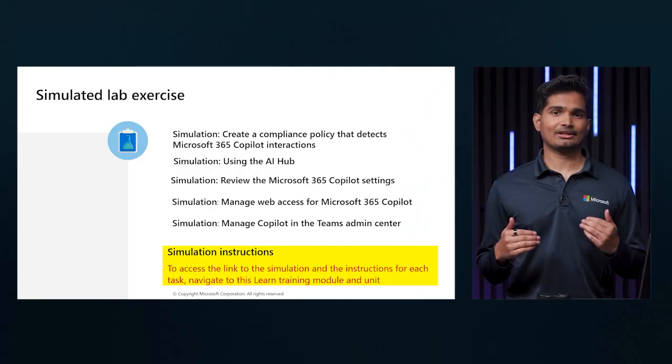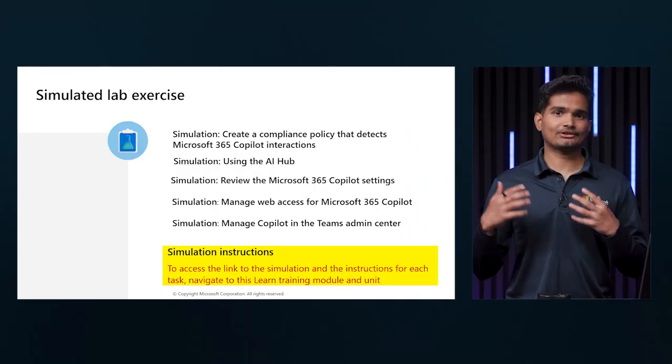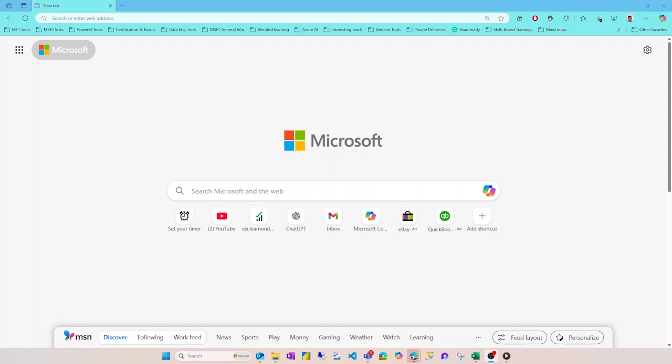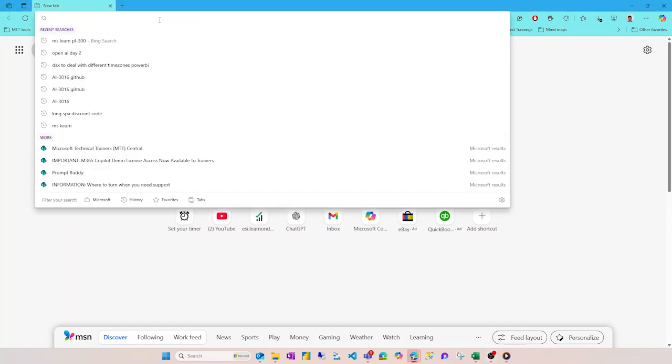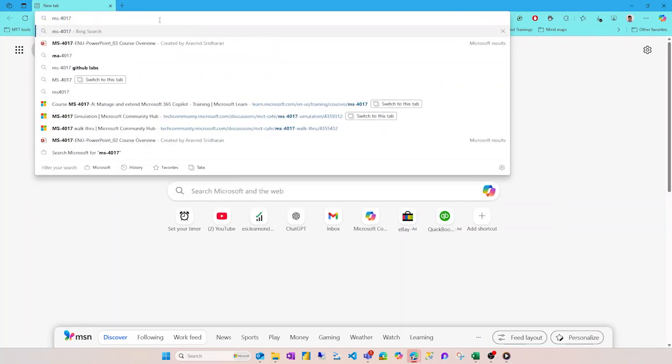There are 5 simulated lab exercises you can work on to get some hands-on experience. Let's take a look at this in a quick video. So when you want to find the simulations related to this course, you can find it on the MS 4017 page.